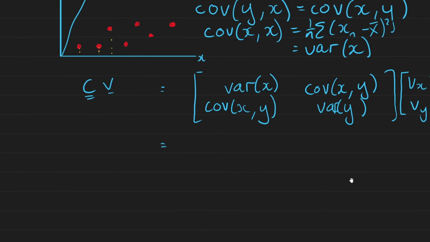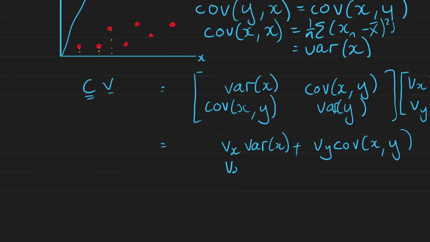If we just multiply it out, what we get is Vx times the variance of x plus Vy times the covariance of xy. Then in the second row, we have Vx times this covariance of xy, plus Vy times this variance of y.